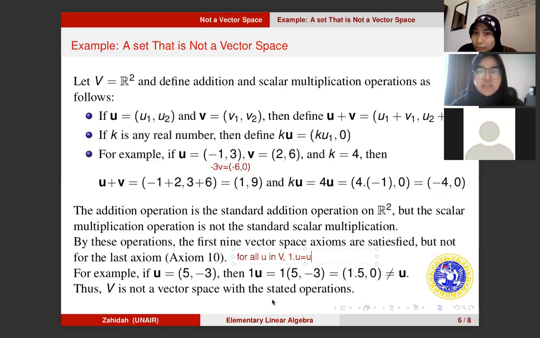But if we need to prove the difference between not a vector space and a vector space, do we need to satisfy all the axioms? If you want to prove a set is a vector space, you have to show that all 10 axioms are satisfied.